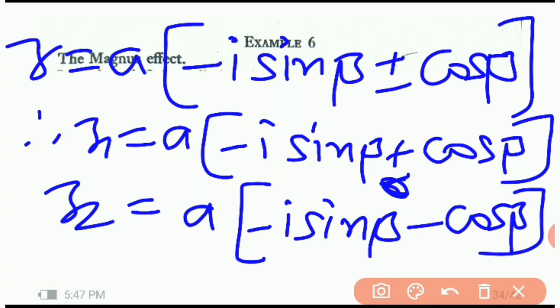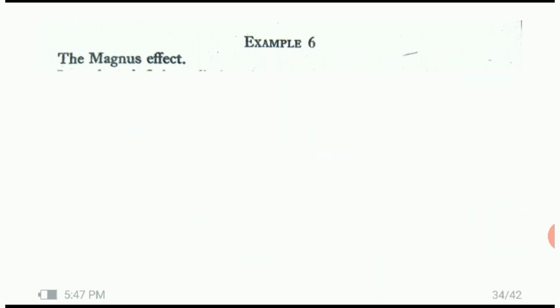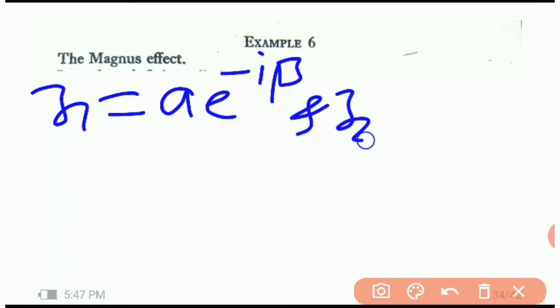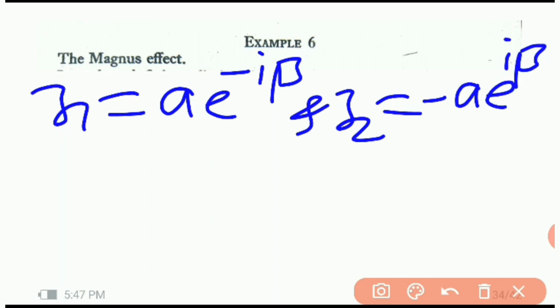And therefore we get z1 is equal to a e to the power minus i beta, and z2 is equal to minus a e to the power i beta.